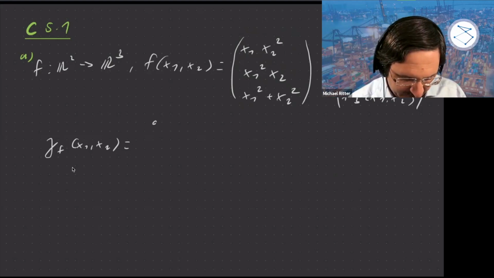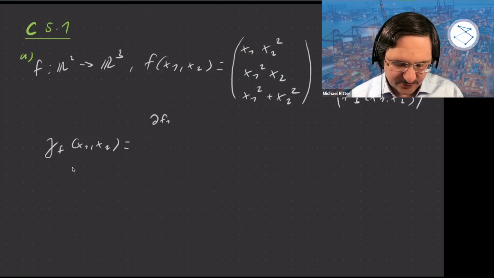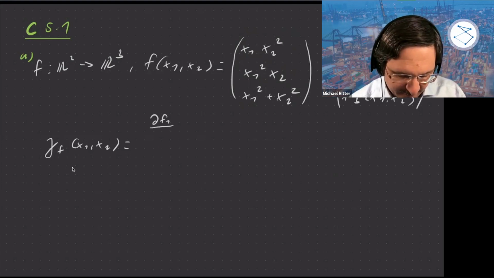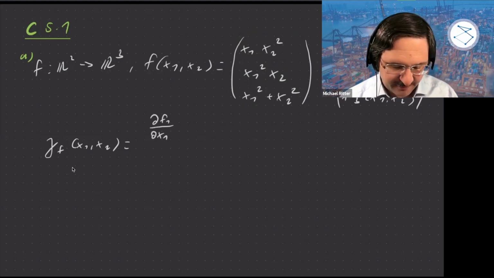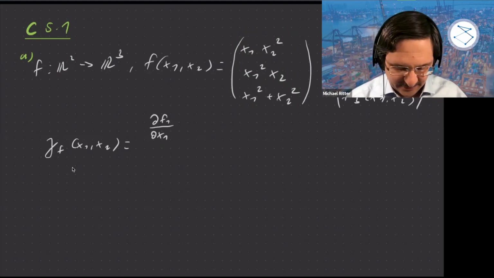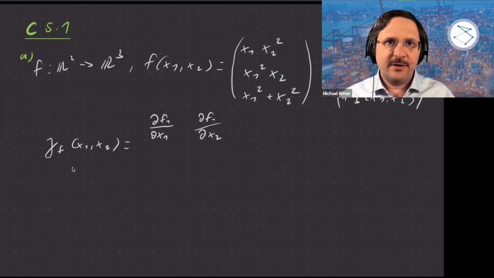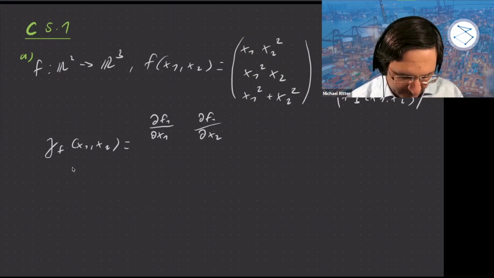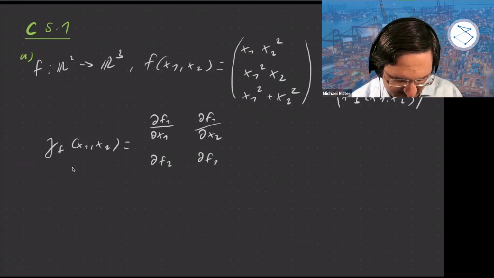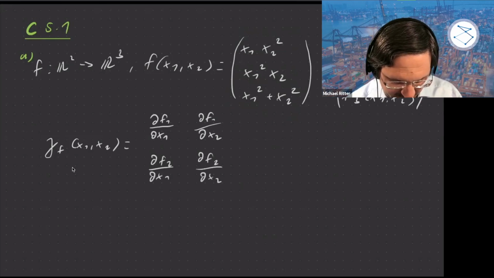So this matrix will consist of the partial derivatives of f1 with respect to x1, then the partial derivative of f1 with respect to x2. That's row 1. In the second row, we'll do the same thing for f2. So we'll have df2/dx1 and df2/dx2.